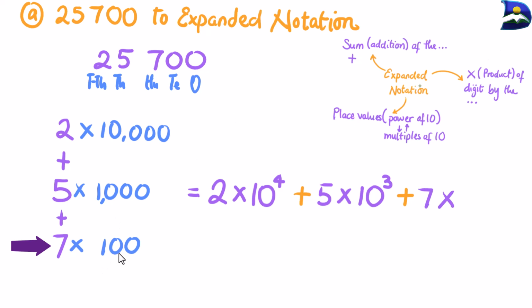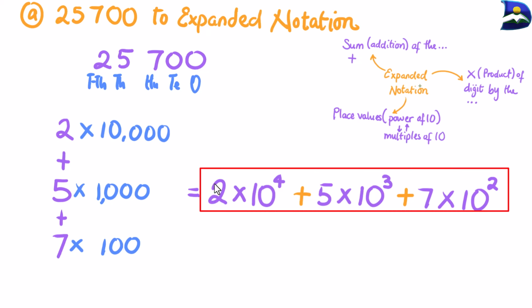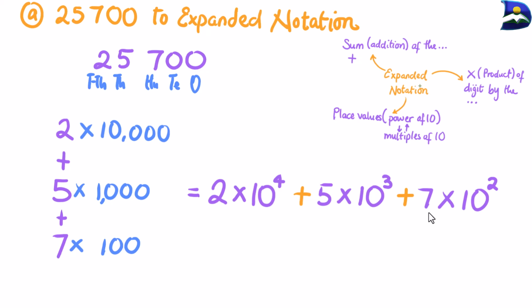But in this case we're going to write it in terms of the power of 10, and so this means that we have 10 as the base, and our exponent is going to be 1, 2, which means we are multiplying 2 10s together to give us 100. And so this here is our final answer, which means that we are able to successfully transform our number to expanded notation. I hope you found this really informative.